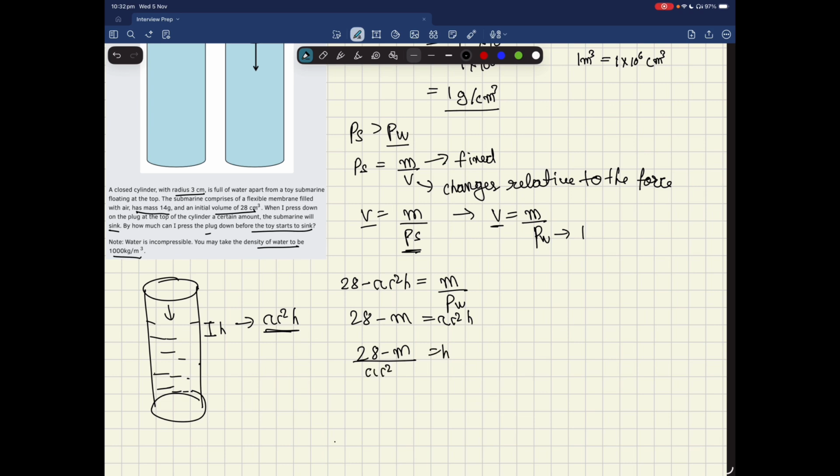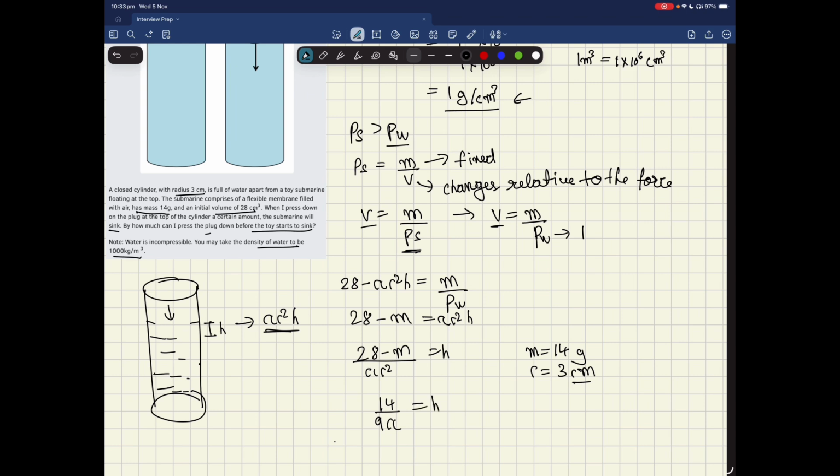I know that m equals 14 grams and r equals 3 centimeters. I don't have to worry about the units because I changed the density, so units are consistent everywhere. So this gives me 14 over 9 pi, which is equal to h.